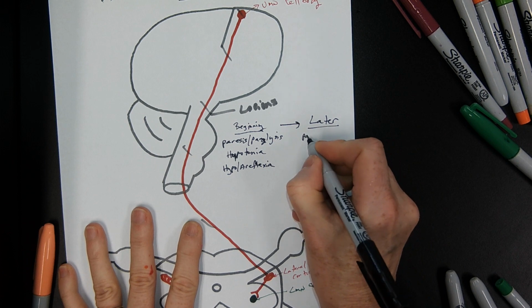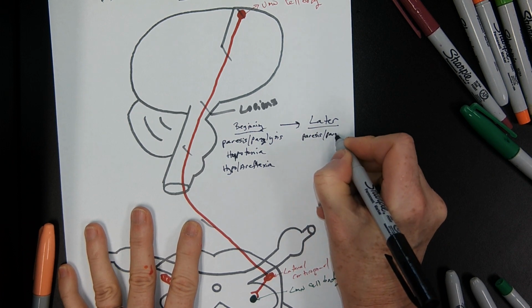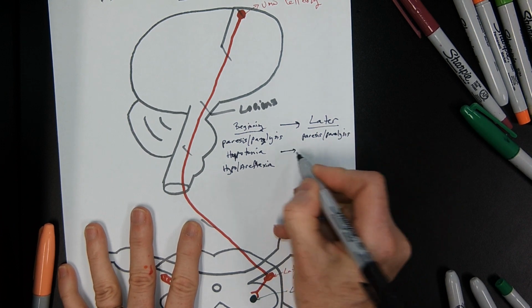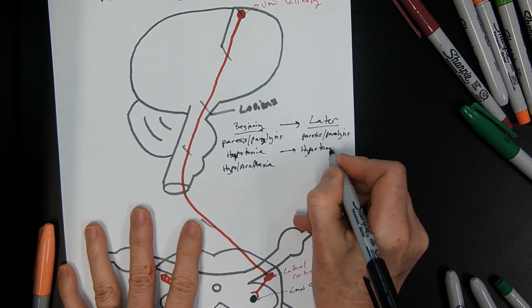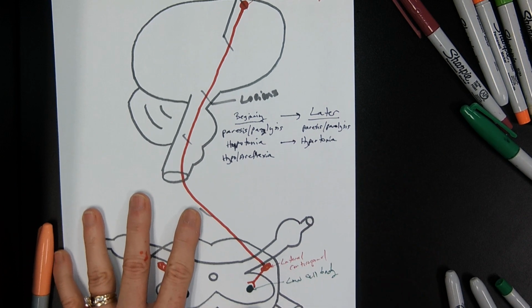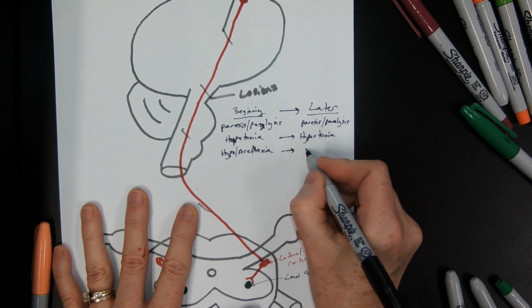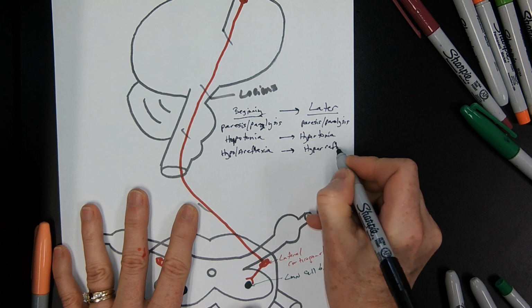Patients still might have paresis and paralysis, but the hypotonia may become hypertonia. And then the hypo or areflexia becomes hyperreflexia.